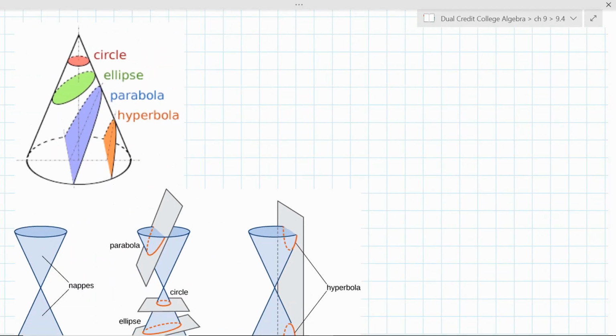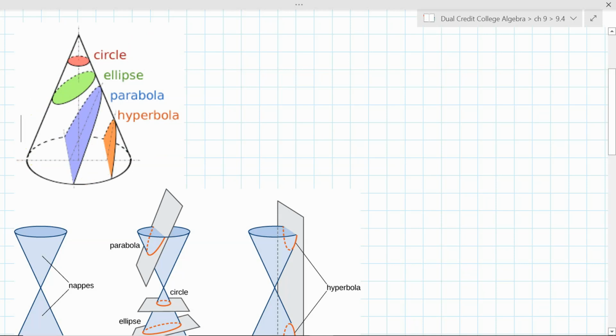If we slice a cone such that the plane is parallel to the base, think about the circle base on the bottom, it's going to make a circle. Remember, it's not the inside, it's just where it's hitting the cone. If I tilt it a little bit and it cuts all the way through, so think about slicing it at an angle that's not parallel to that base, then it makes an ellipse.